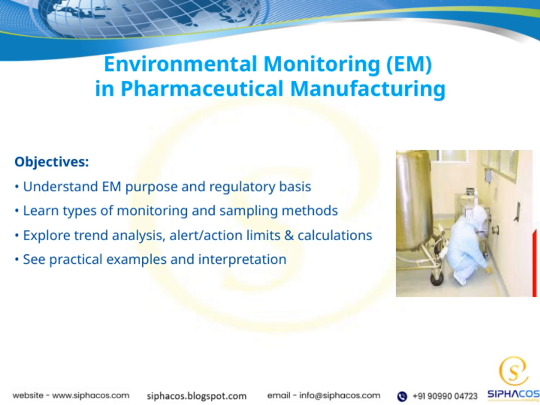Then, we'll dive into trend analysis, including how to set alert and action limits, and how to perform the necessary calculations. Finally, we'll look at some practical examples and how to interpret the data effectively. All these points connect to our overall goal of ensuring product quality and patient safety through effective environmental monitoring practices.